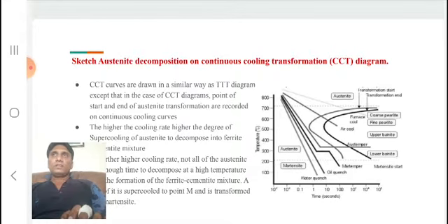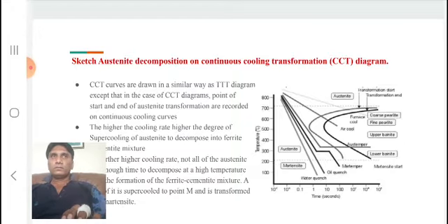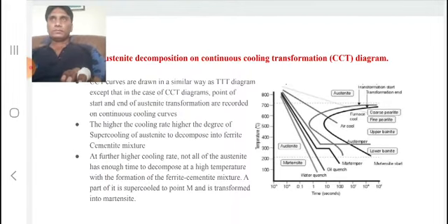So this is a little more practical. The higher the cooling rate, the greater the degree of supercooling of austenite to decompose it to a ferrite and cementite mixture.